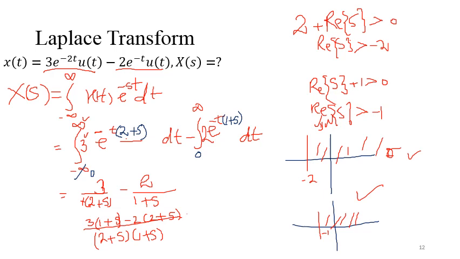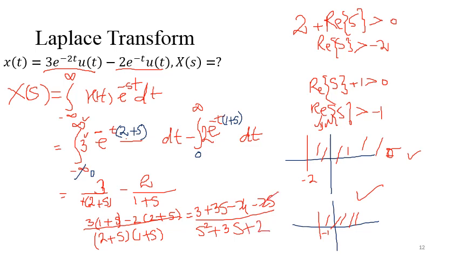On simplification, it will be something like 3 plus 3s minus 4 minus 2s, divided by the product, s square plus 3s plus 2.